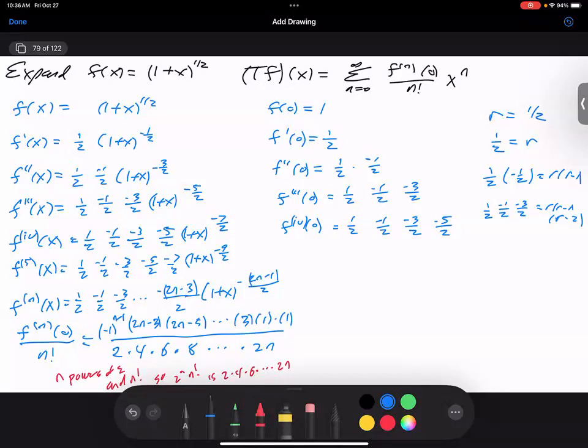So when we look at this, does this look like anything you've seen? So look at the numerator.